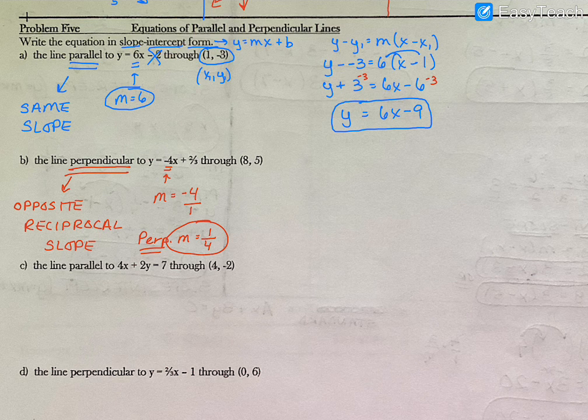That fraction of 2/3 that might have had you freaking out that I was giving you a fraction, that doesn't matter. Okay, we don't care what the initial y-intercept was. And then we're going to use the given point, 8, 5. Remember that is your xy coordinates. If you want, you can think about it as x1, y1.